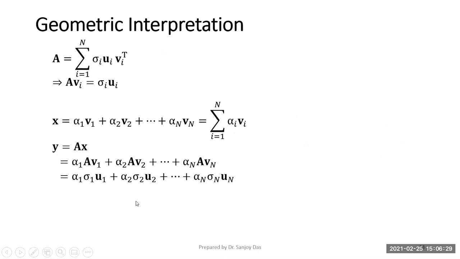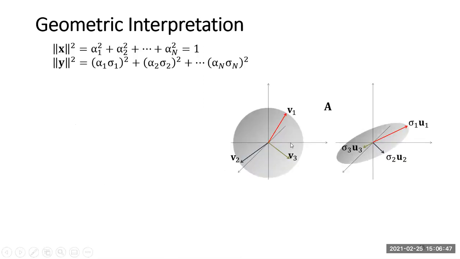When x is v1, alpha 1 is equal to 1 and all the other alphas are equal to 0. So y would be equal to sigma 1 u1. So if I pick x equals v1, then I would get the maximum amount of stretching.